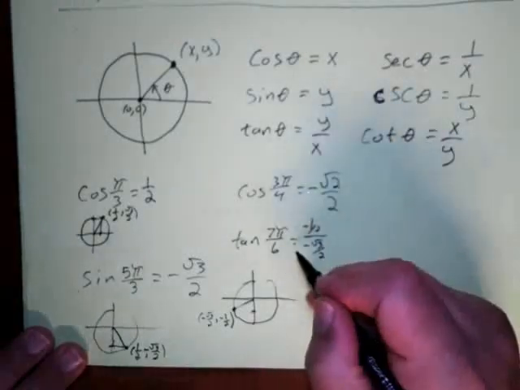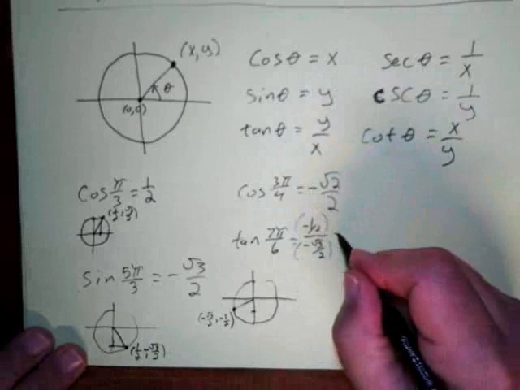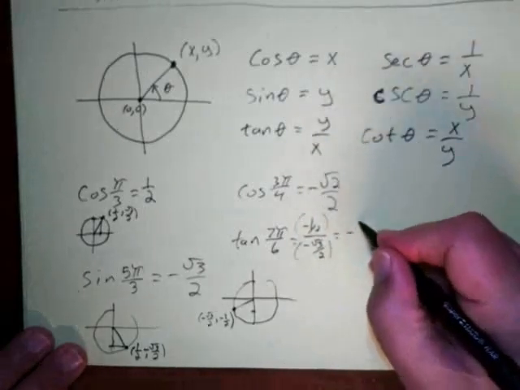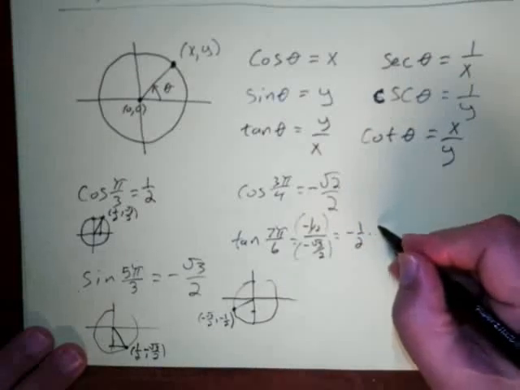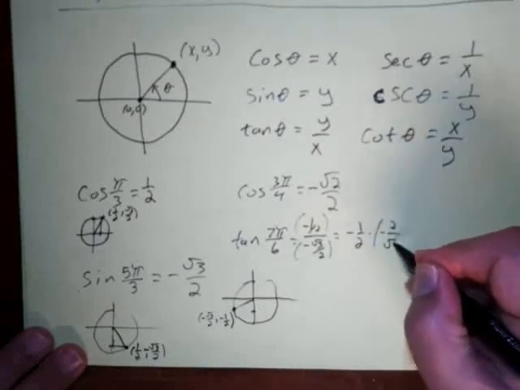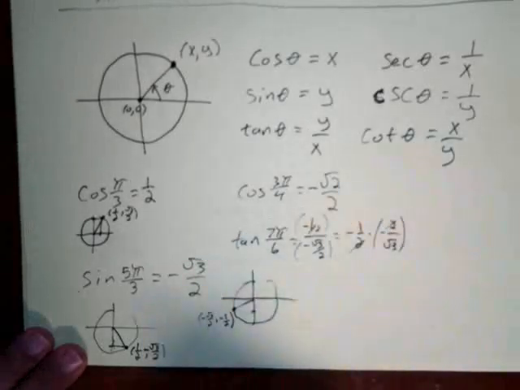the x, like this. And so what I need to do here is invert and multiply. So I get negative 1/2 times negative 2 over the square root of 3. And then I see that these cancel out, right?